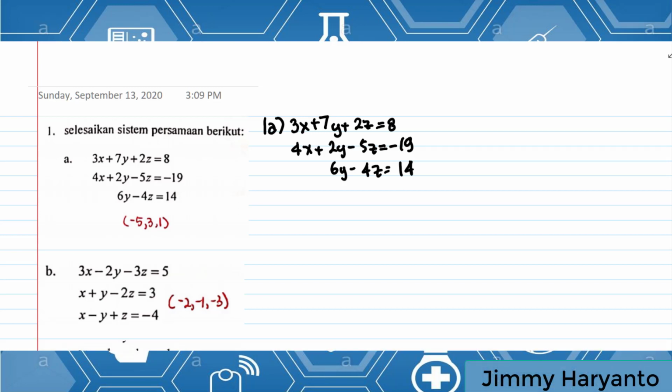Okay, first I have to multiply all of them to make the z equal. For the top I will times it with 10, this one times with 4, this one times with 5.